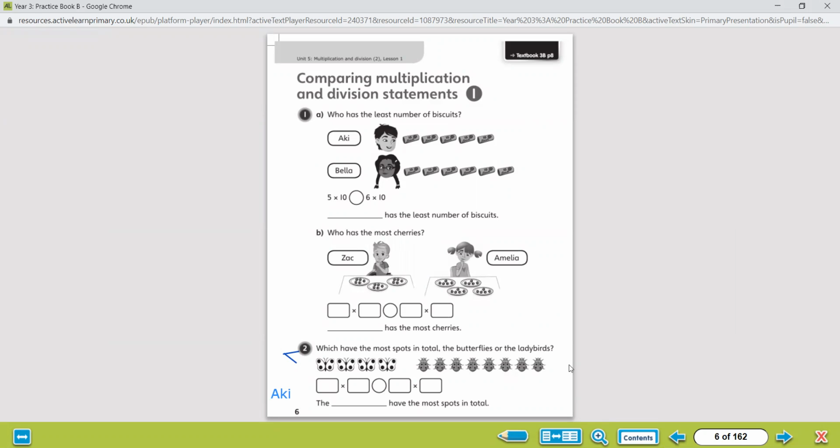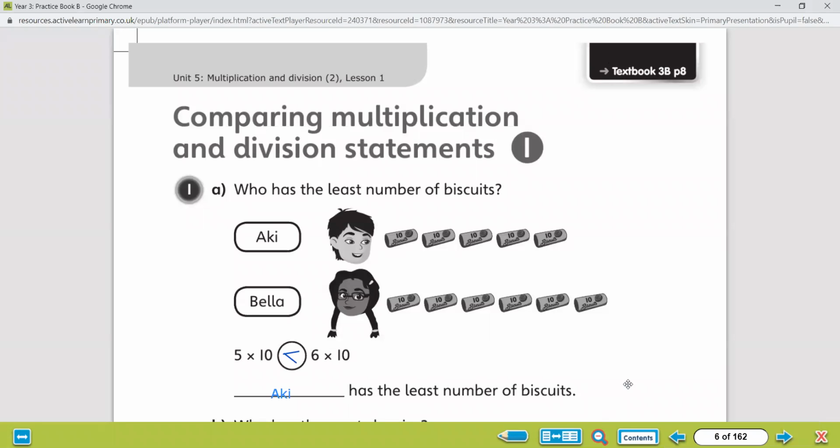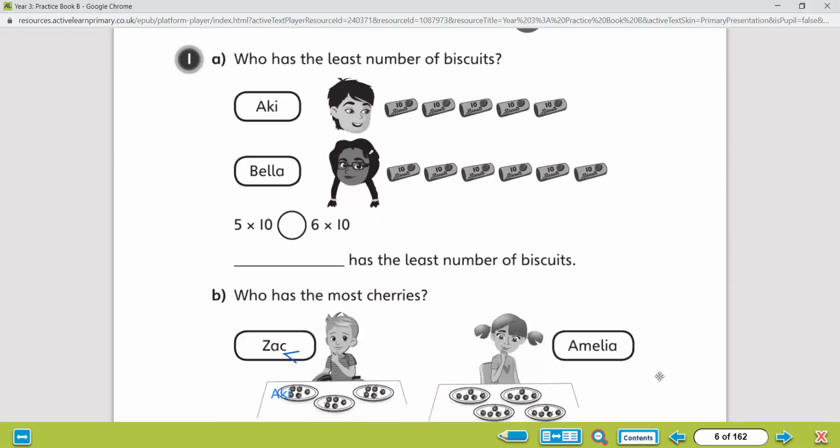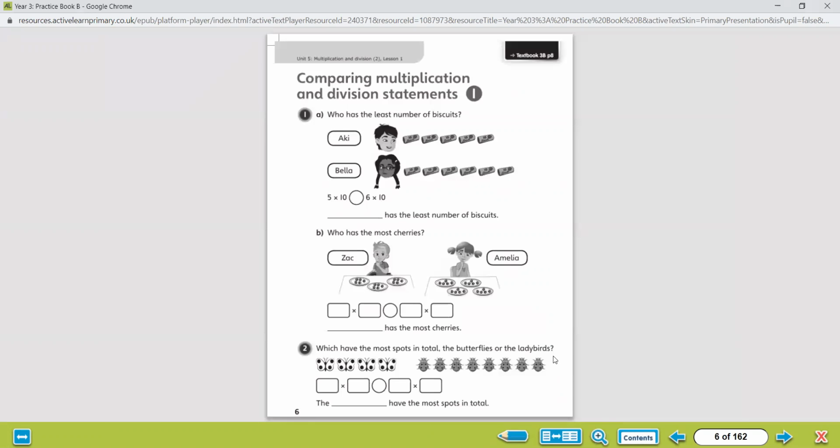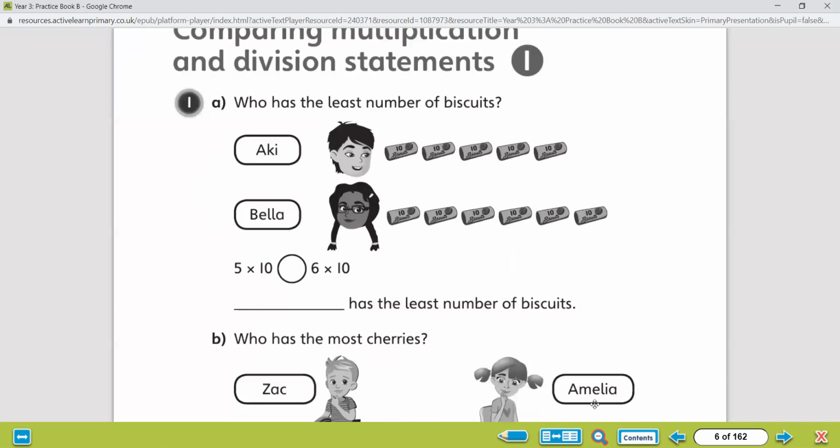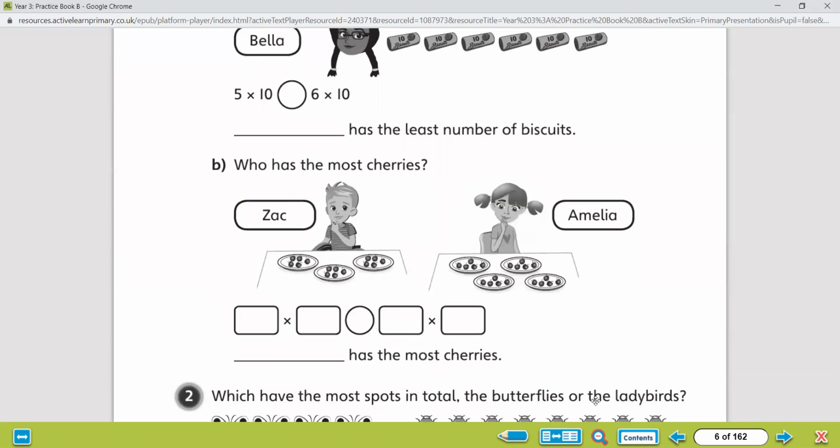Looking at question 2 now. So now we've got a question about cherries.